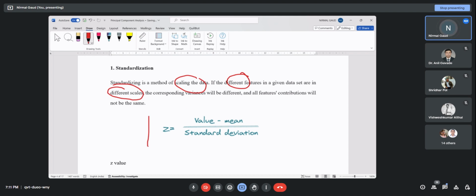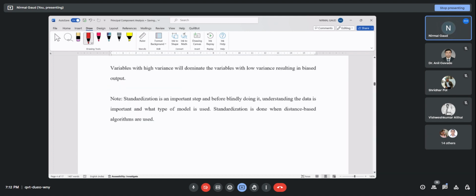One of the methods is called the z score, with the help of which you can standardize the data. That means every value in that feature minus the mean of that particular feature, divided by the standard deviation, is called the z score or the z value. The reason, as I was explaining in the last class also, is that variables with high variance will dominate variables with low variance.